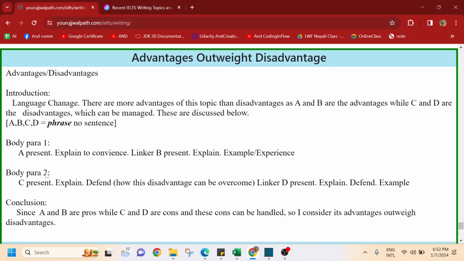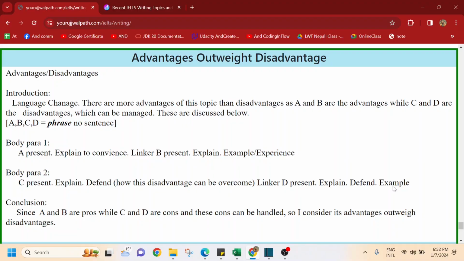Okay. So next, in your body paragraph 2, present C, explain, and here we have defend: how this disadvantage can be overcome, like you said in your introduction that it can be managed. You are presenting, explaining and defending, and put the linker. Present D, meaning the second disadvantage, explain, defend, and example.